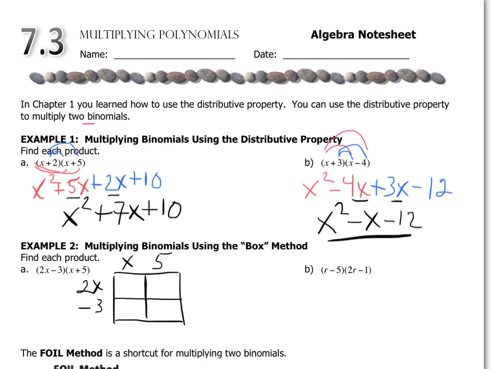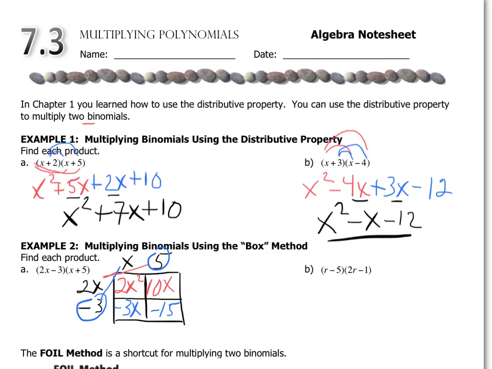So then what we're going to do is take each of these one at a time. So the first box is going to be 2x times x, which is 2x squared. We would then take the 2x times the 5 to get 10x. We would then move down to the -3 in that lower left-hand box to say -3 times x is -3x, and then the -3 times the 5 over here is going to give me -15.